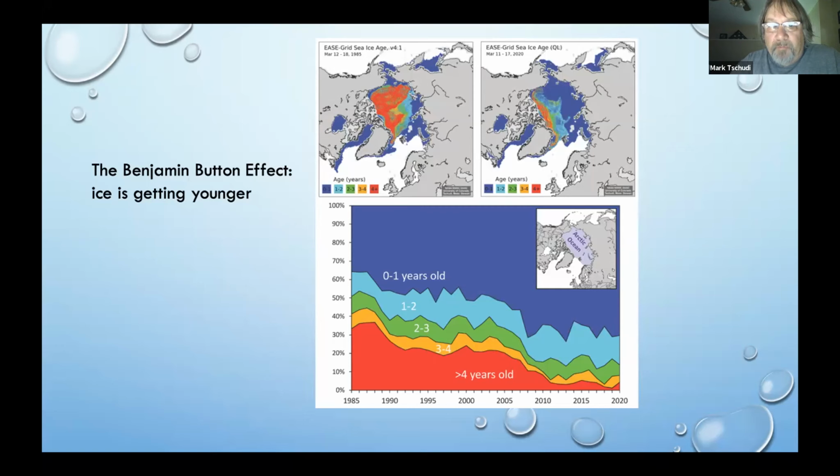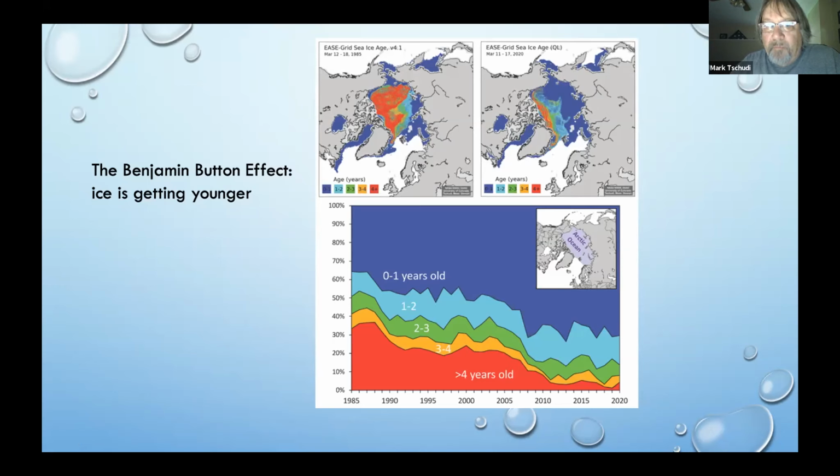So you can see this comparison, which was one we created for the Arctic Report Card, and we do each year, that shows the ice age on the top, the two browse images, one from March of 1985. And if you look real close, you can see the red is the oldest ice. So you can see that back in 1985, the ice pack had a large amount of older ice.